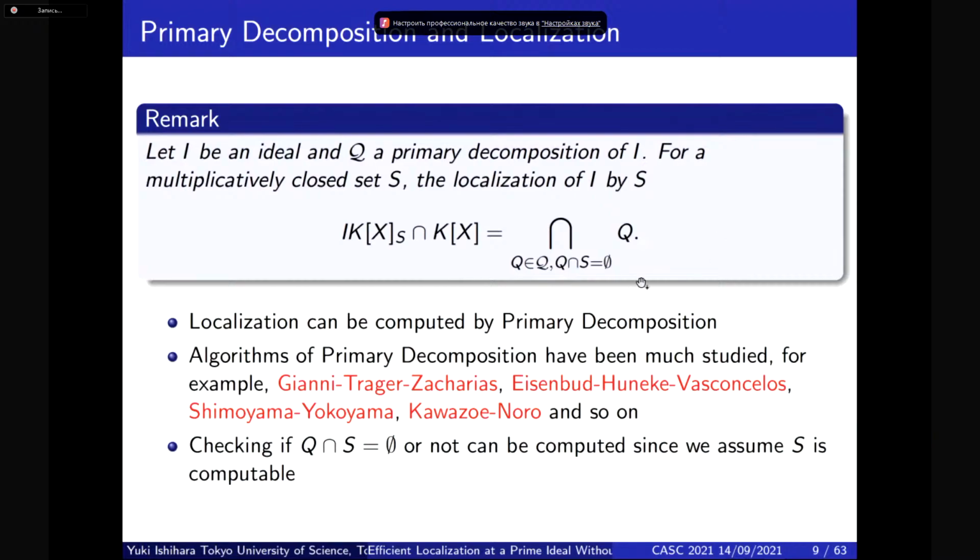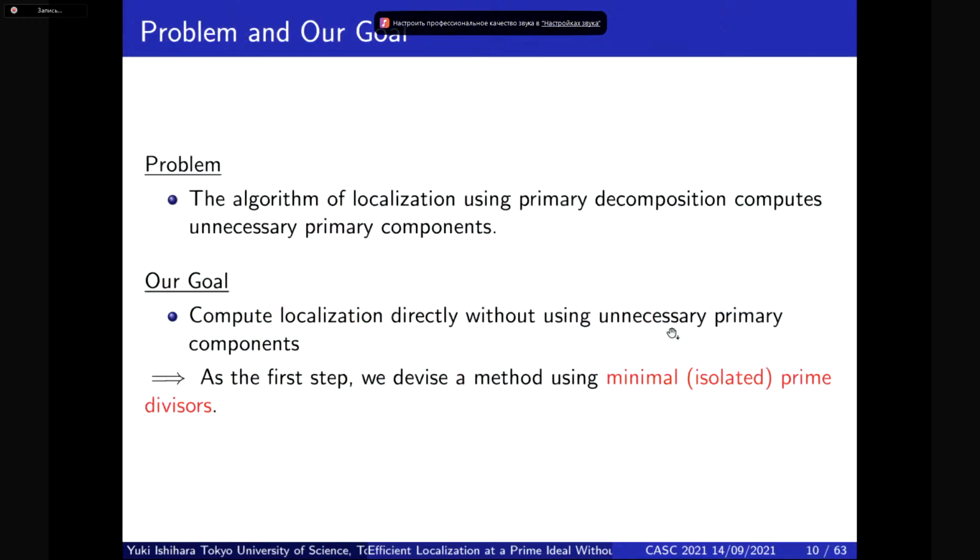For example, we do not need the primary component which does not appear in this equation, so such primary components are unnecessary. My final goal is to compute localization directly without unnecessary primary components.